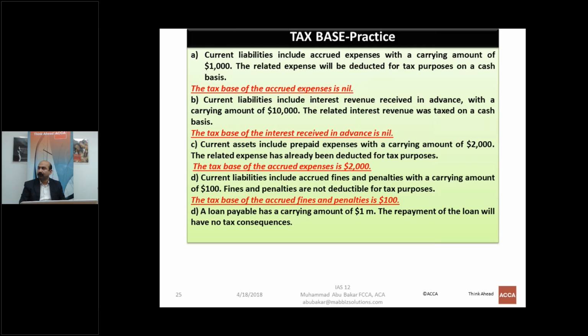Ijaz 1 million. 1 million is correct. So this is rule of thumb number 4, in fact. It is clearly written that repayment of the loan will not have any tax consequences. This means there should not be any difference. To make sure there is no difference, take its tax base as being equal to its carrying amount. So now we shall have a break, and after the break we shall resume our session.